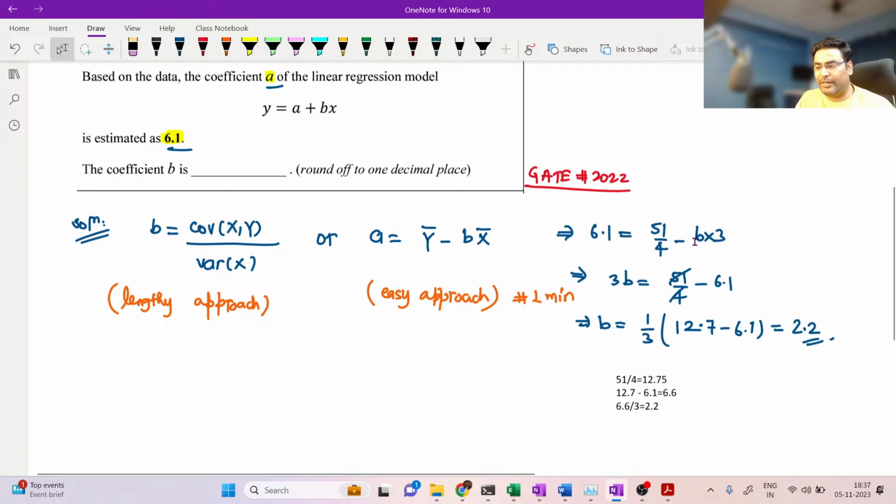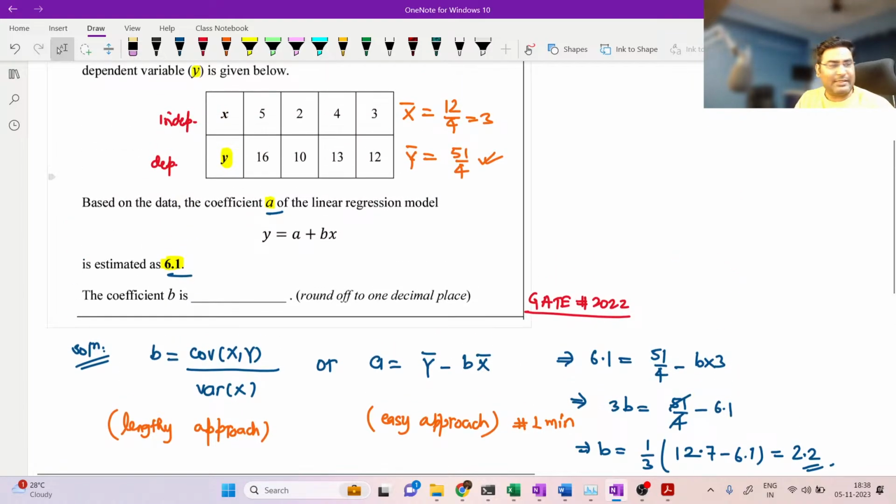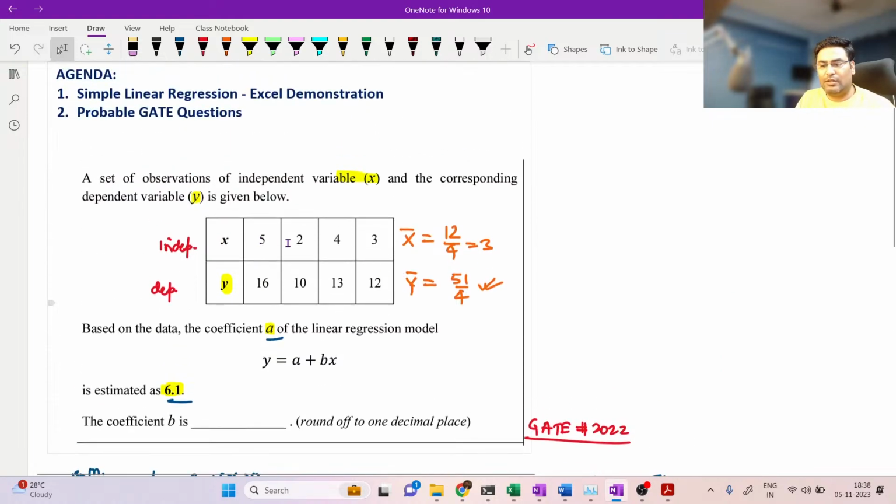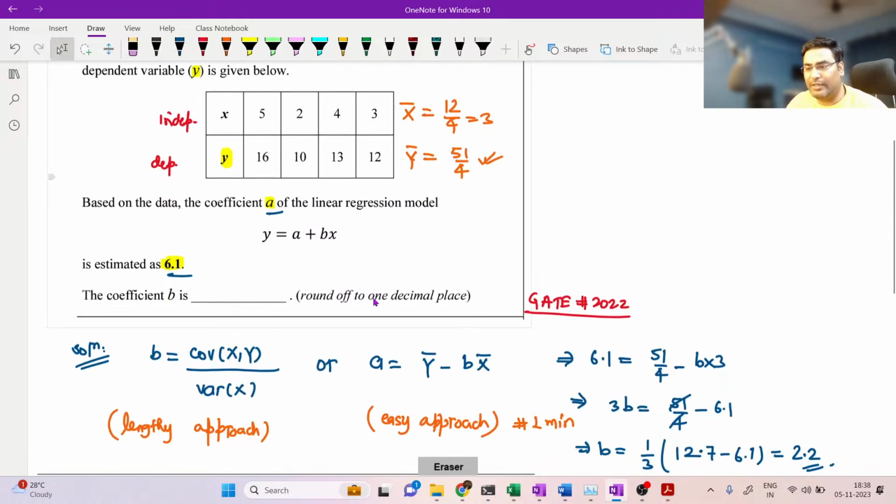So 51 by 4 minus B into 3, 3B. How much is x? X bar is not 9, 7, 11, 14. Yeah, that's why I was thinking.